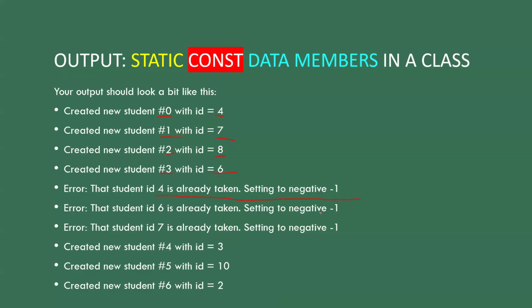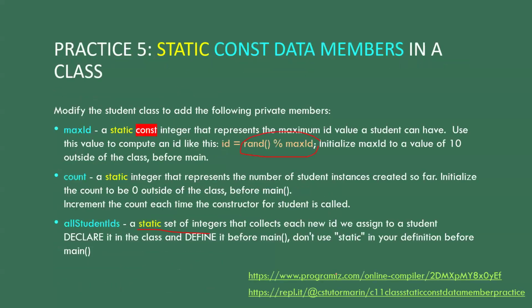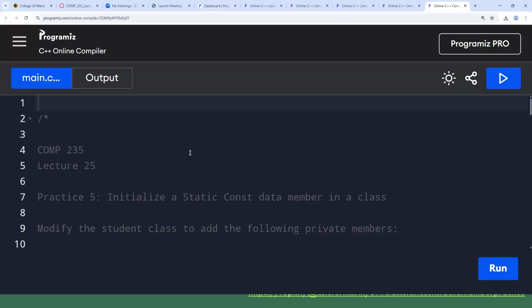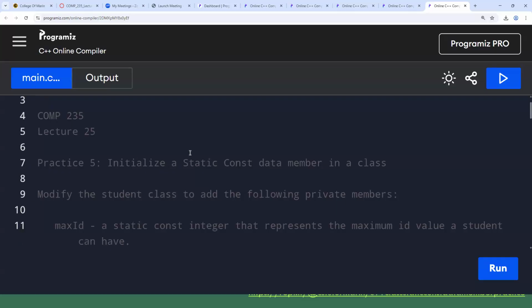We're just using a small maximum number to help us test our error logic in our class. So let's jump into this real quick, see if we can knock this one out. We'll maybe get you guys wrapped up a little early today.